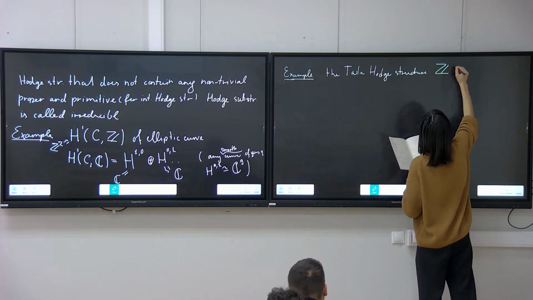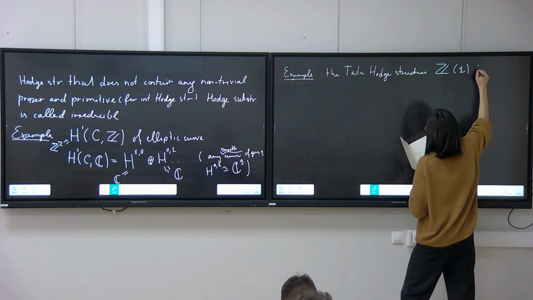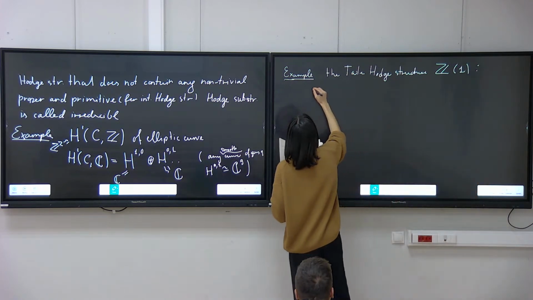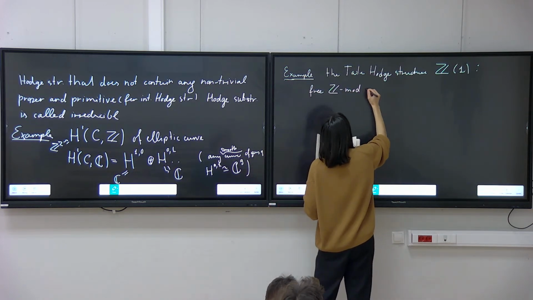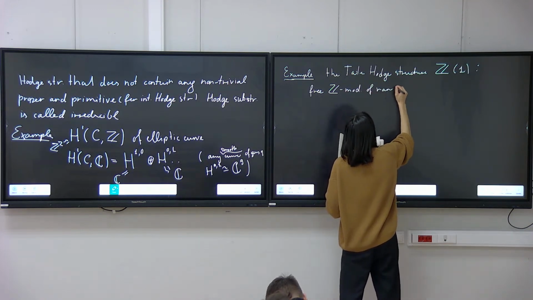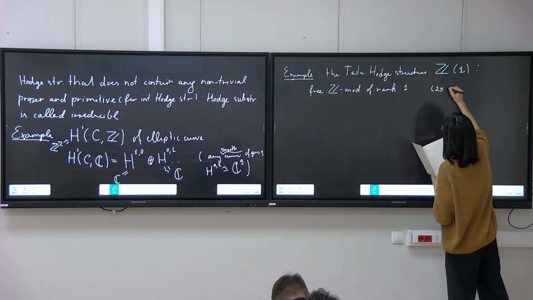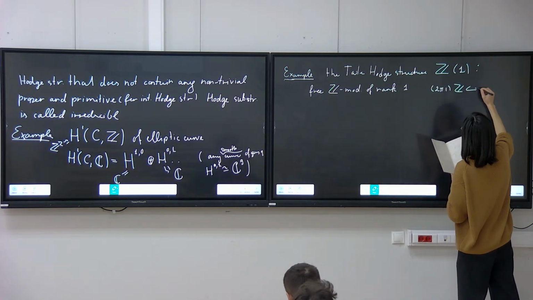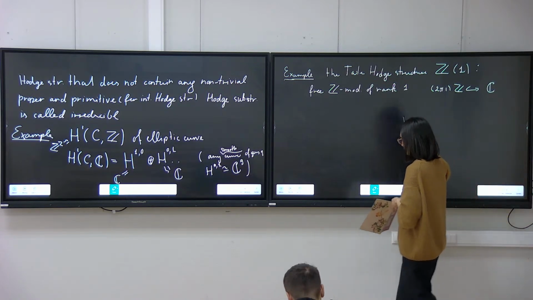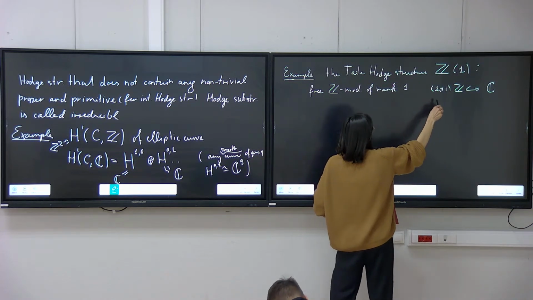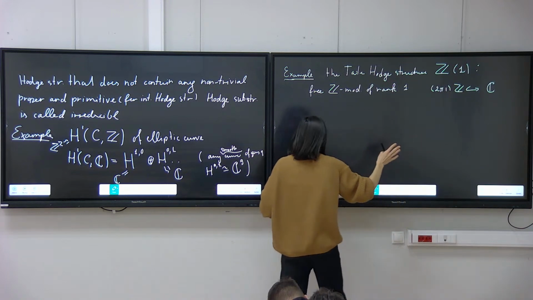This is denoted by Z(1), and this is a free Z-module of rank 1. In fact, its embedding is given by 2πi Z in C. Here it's not obvious why we use this 2πi, but this comes from complex analysis.